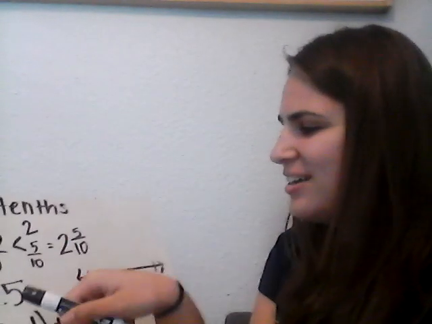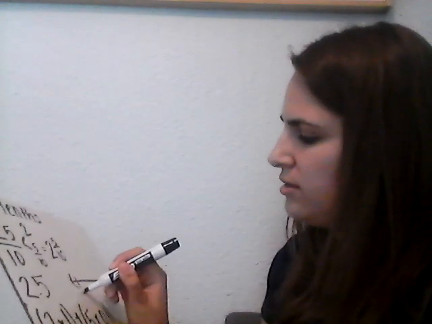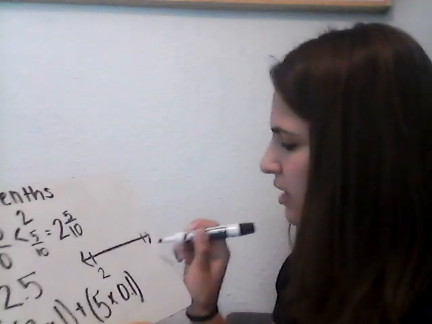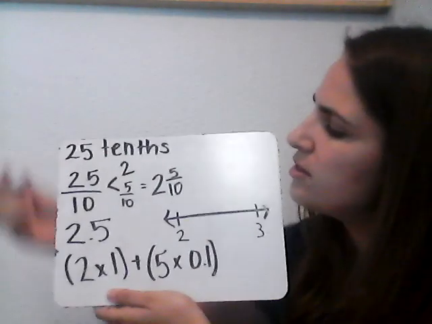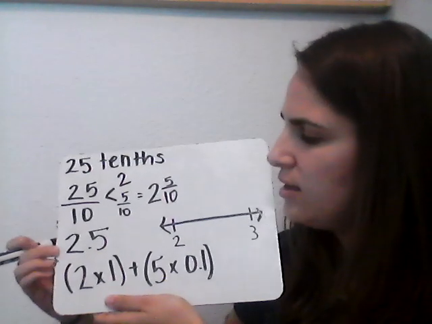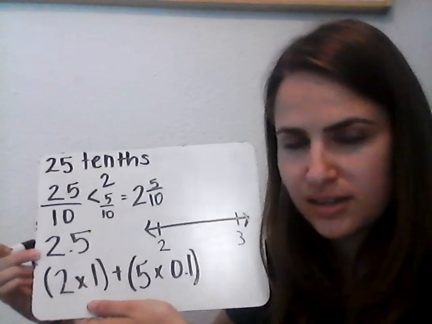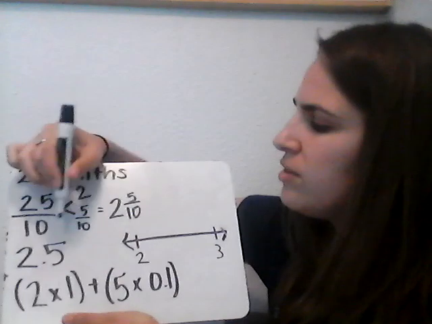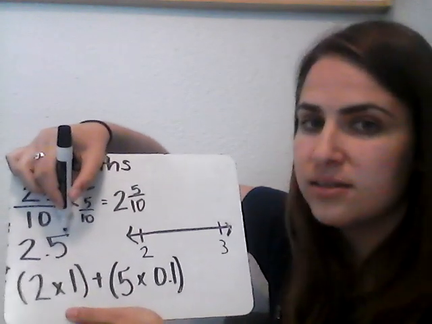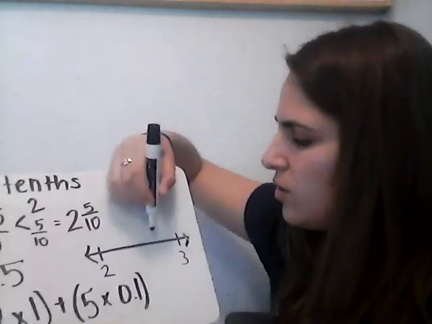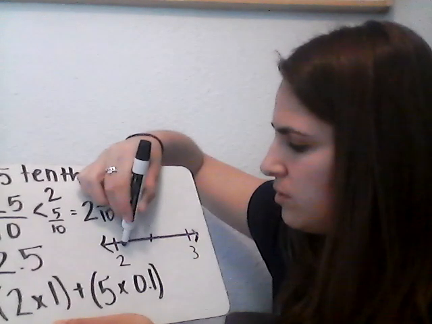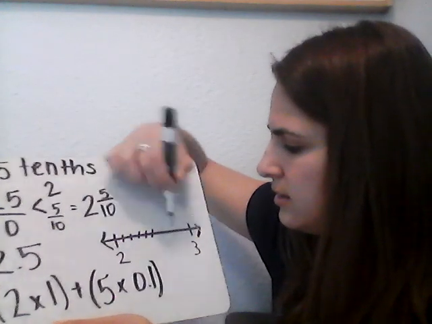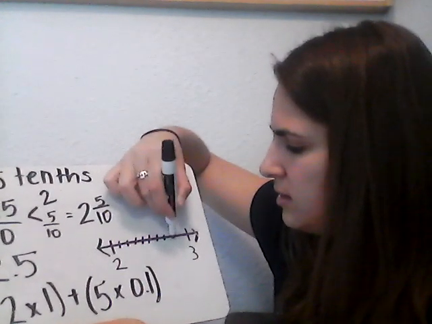It should be 2, let me just write it, 2 and 3. Because 2 and 5 tenths is greater than 2 but less than 3, so we're going to use those as our benchmarks. And we know that we have tenths as our unit, so we know that we're going to split this into 10 pieces, 10 increments.